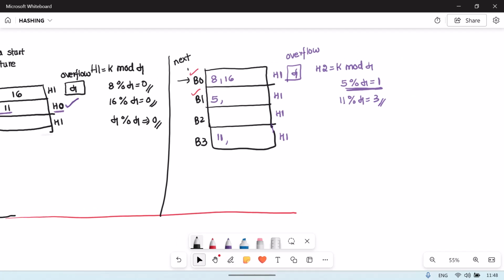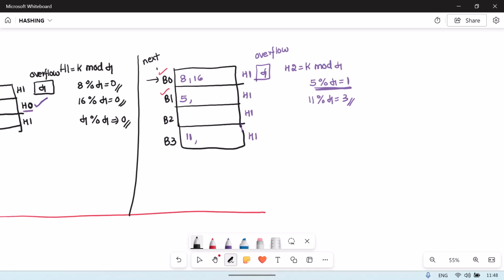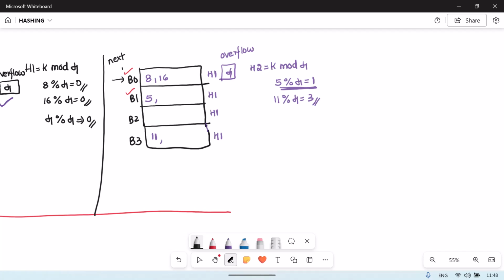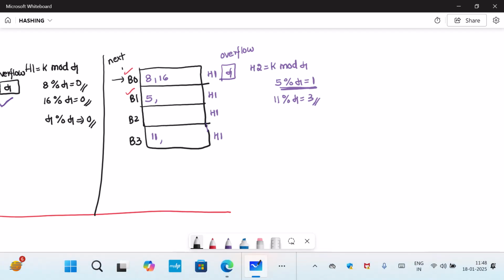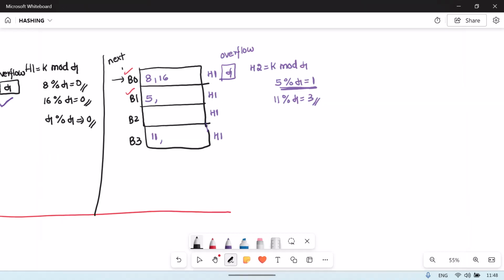So now how do you apply the function? See, so H2, like this. Now what are you supposed to do? One minute. See, next is here. So wherever next is, that is where you will have to do the splitting, right?